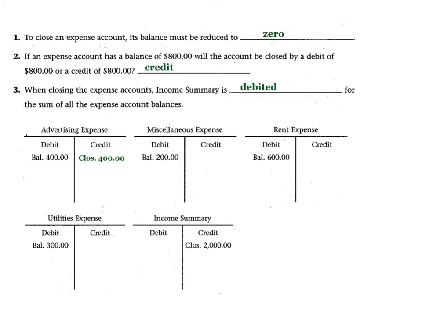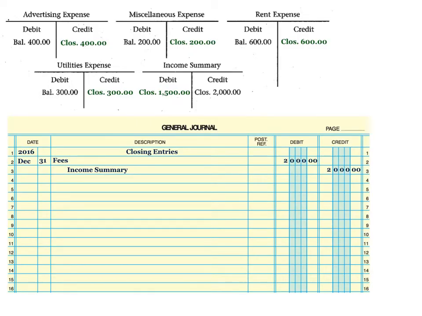So we'll close out the advertising expense with $400, miscellaneous with $200, rent expense with $600, utilities expense with $300. We sum up all of those closing amounts, for a closing entry in the income summary of $1,500.